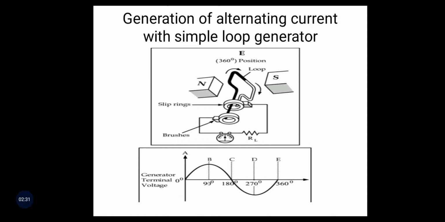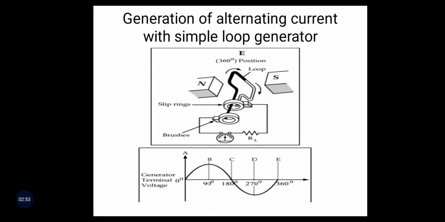In the circuit, the output waveform is a sinusoidal waveform. When the loop completes one rotation, the output waveform is 360 degrees completed.